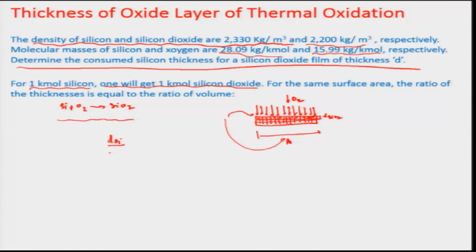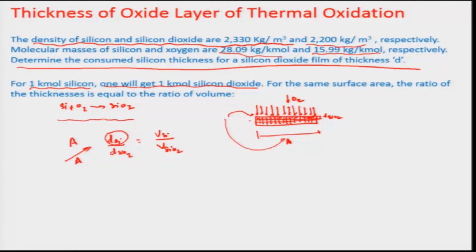Let us say at the behest of D silicon thickness, you obtain the DSiO2 thickness. So, this ratio is nothing but equal to the volume of the silicon as opposed to the volume of the silicon oxide, because the area multiplier is the same for both the silicon and silicon dioxide.